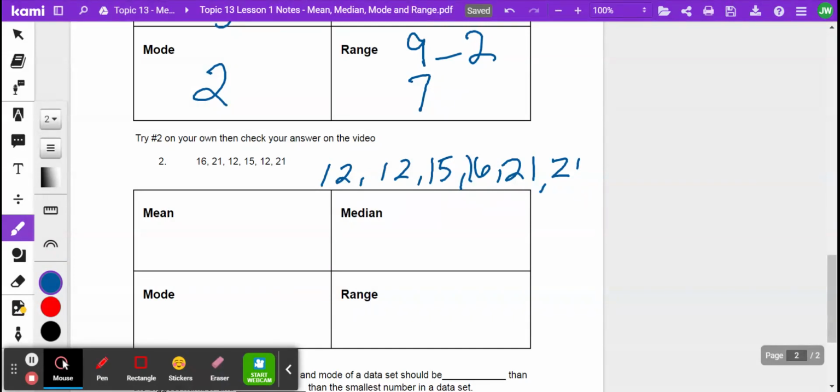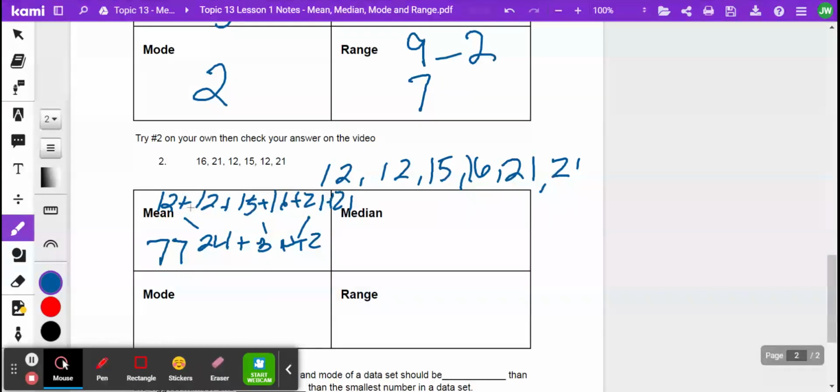So I need to add up those numbers. I get 12 plus 12 plus 15 plus 16 plus 21 plus 21. So that's 24, that's 31, that's 42, and so 24 plus 42 is 66, plus 31 is 77.